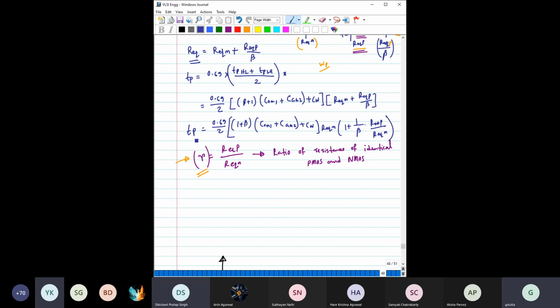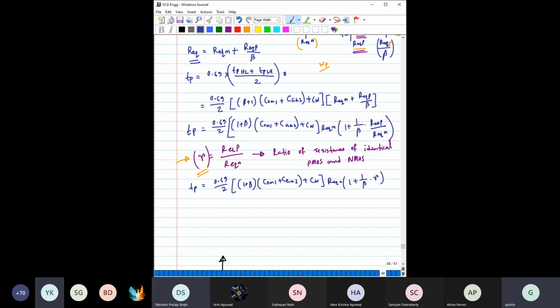Okay, so see here, so far what we have derived is that the TP relation is this. Now we have said this is R, then what can we write? Then TP equals, let me write it again, 0.69 into (1 plus beta) times C1 and here Gn2 plus this Cw, and here this R equivalent N, and write here 1 by beta and write here R, because I'm just replacing this R, nothing else.